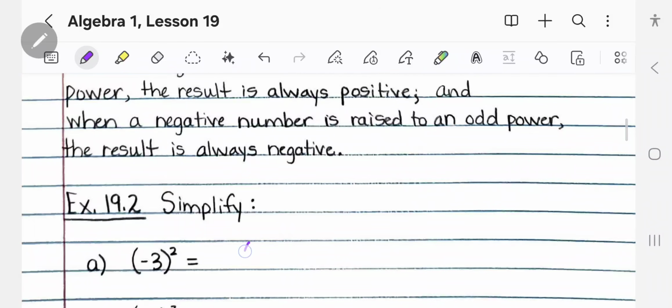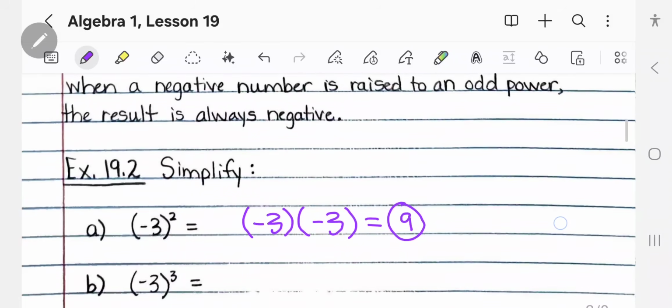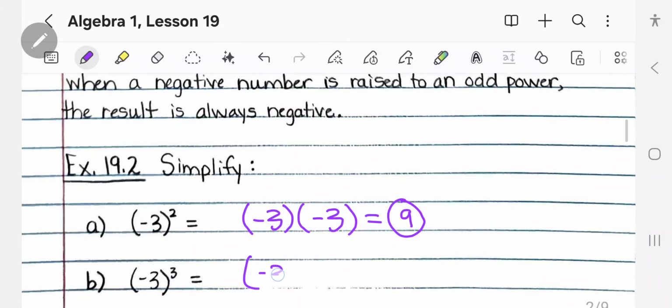Here, my base is negative 3. And it's being multiplied times itself, a total of 2 factors. Negative 3 times negative 3 is positive 9. Here my base is negative 3, so I'm looking at the parentheses to know what the base is. 3 times 3 is 9, times 3 is 27.